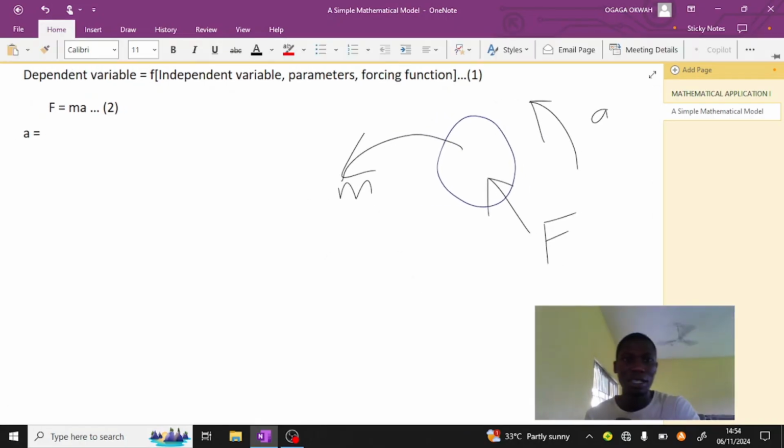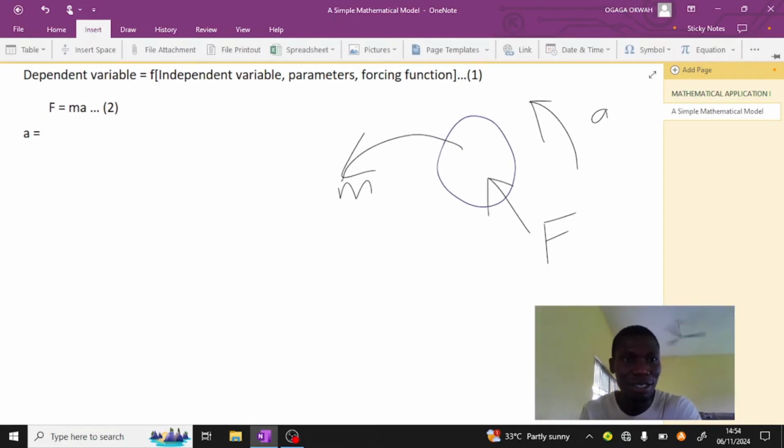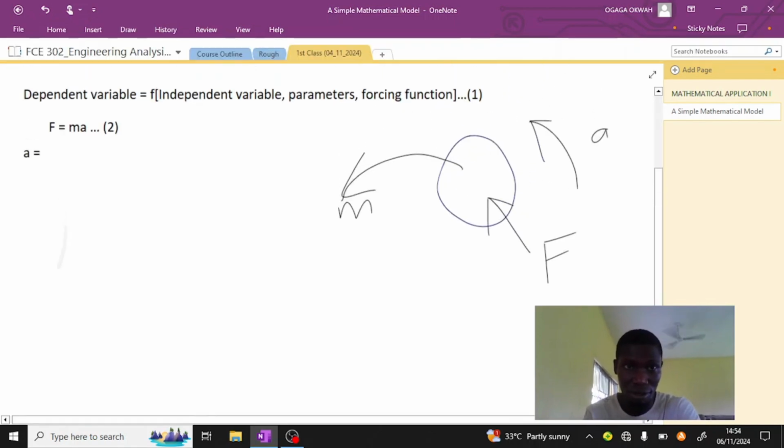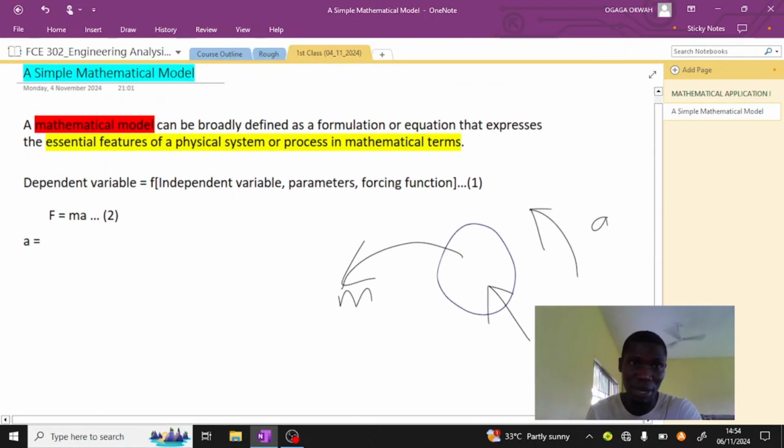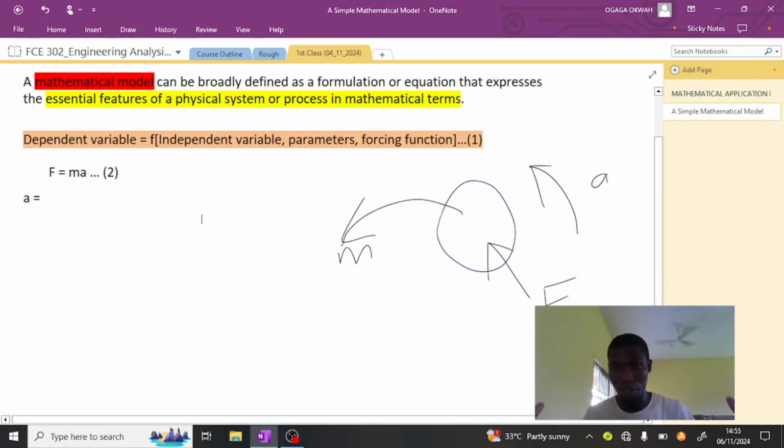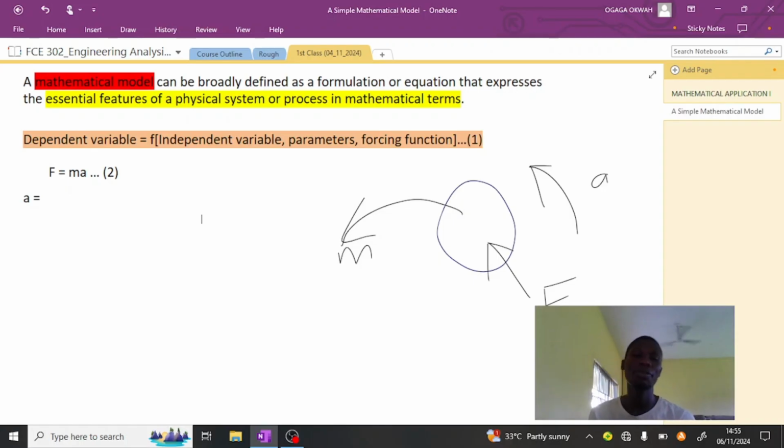Looking at equation 1, which is the main thing here, the general form, it displays some physical characteristics of a mathematical model.